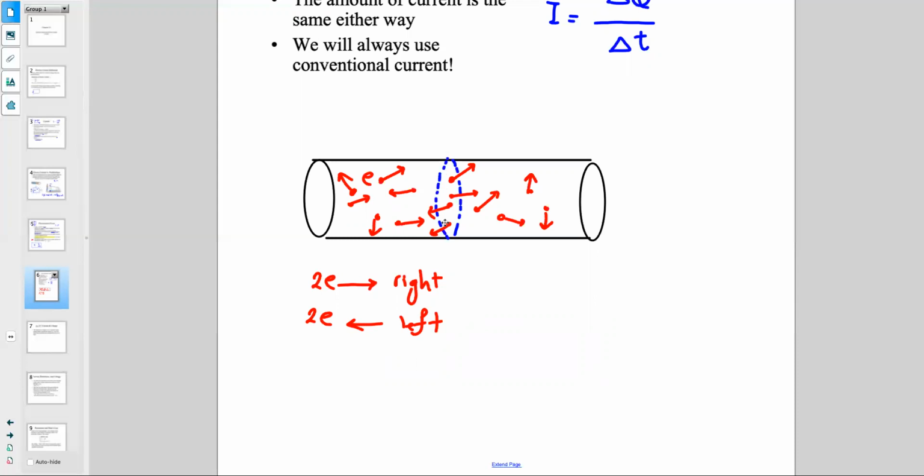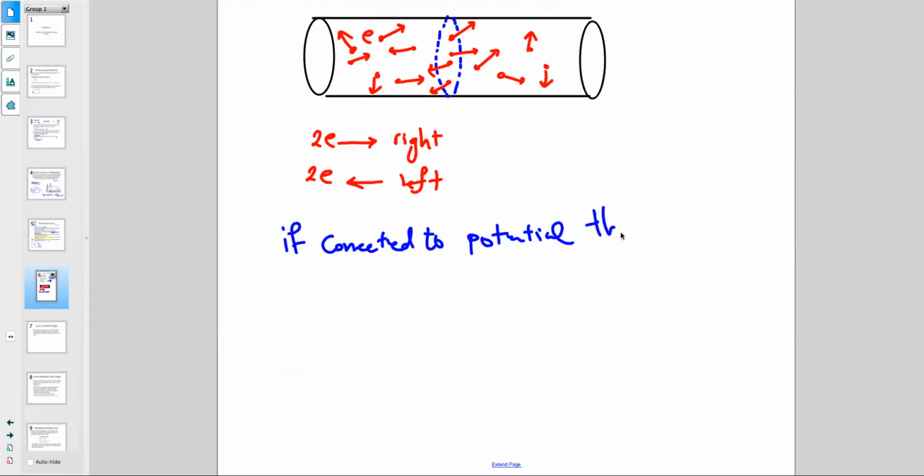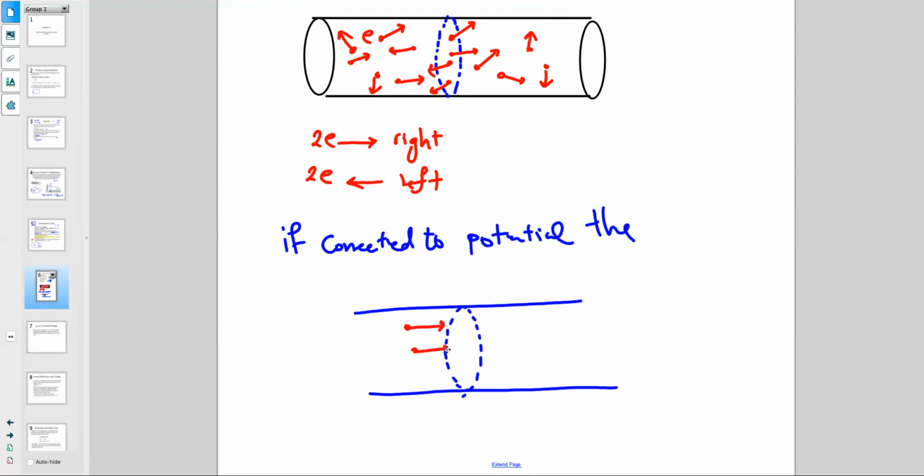But if you connect this to a battery, or a potential, then the amount of charge passing through this cross section is not 0 anymore, because all of these electrons are forced to go in one direction.